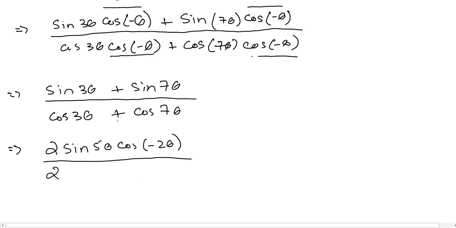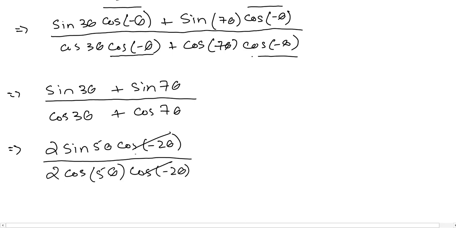In the denominator we apply the identity of cosine. It says 2 times cosine of u plus v over 2, so 3 theta plus 7 theta over 2, which is 5 theta, times cosine of negative 2 theta.